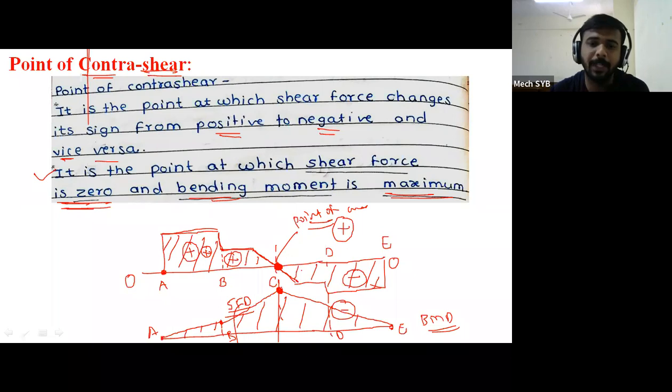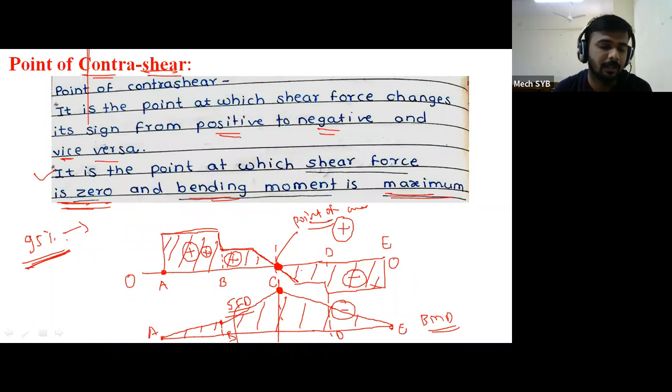That maximum bending moment will be visible in the second diagram, which is called a bending moment diagram. And always keep in mind, in 90 to 95% of numericals, the place where the shear force is zero is where you get the maximum bending moment.